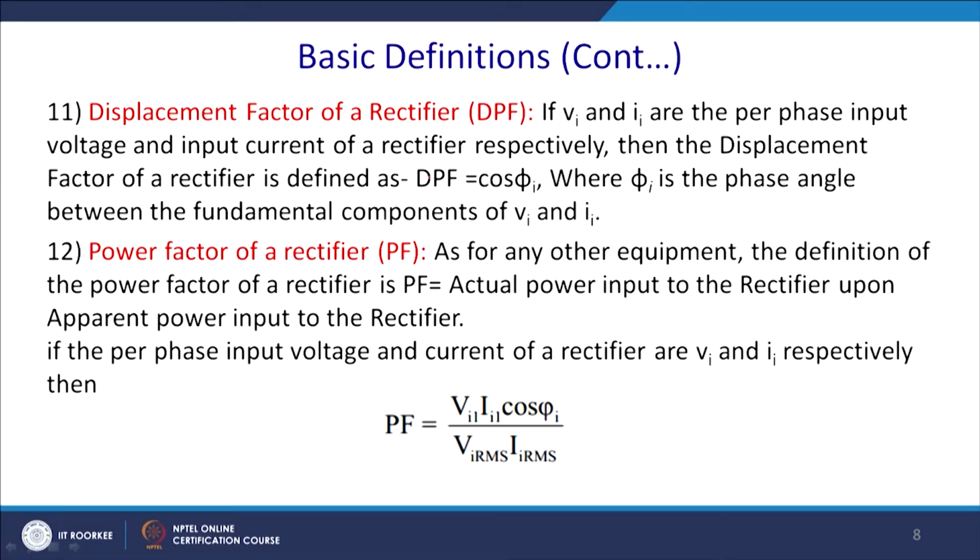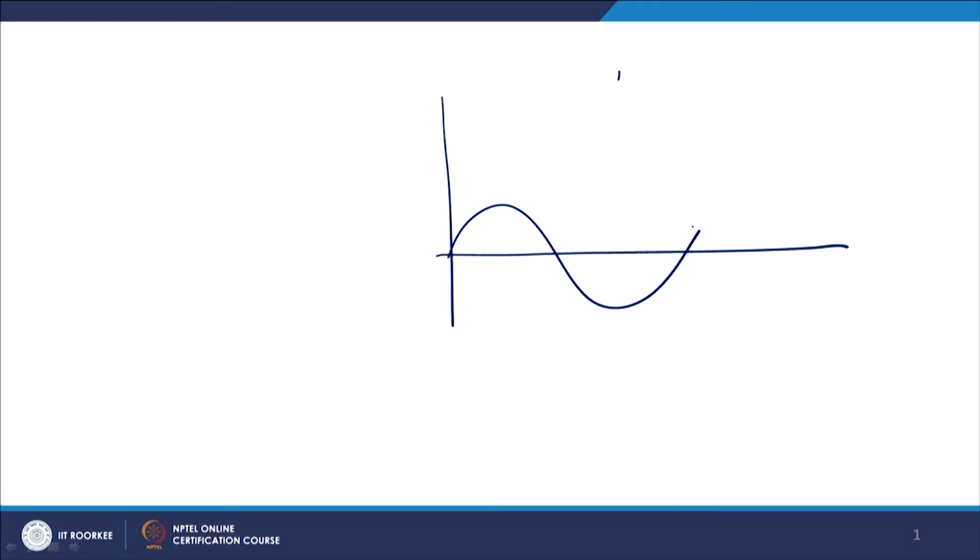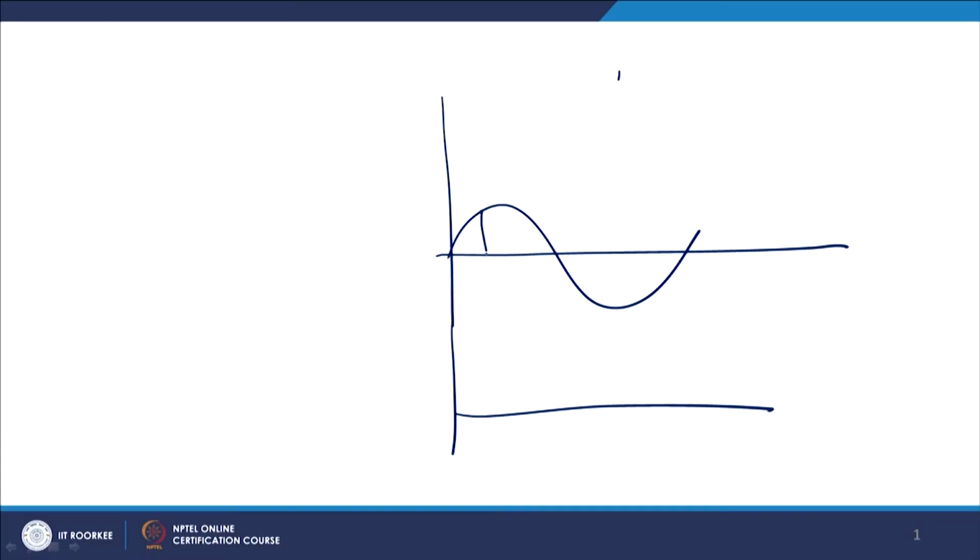Let us understand what this means. Let us consider that this is the sinusoidal voltage and you are triggering a thyristor. It will be delayed by an angle alpha, so current will start conducting from here.